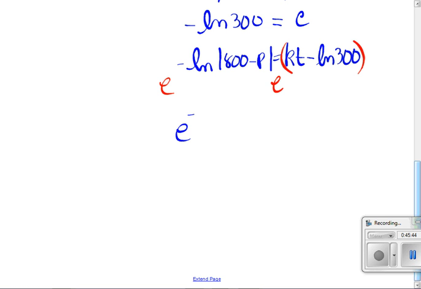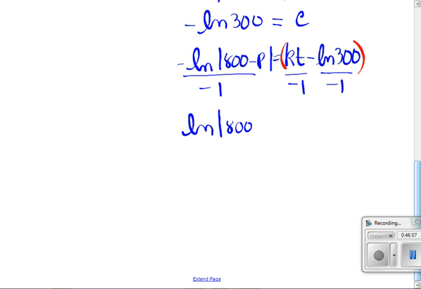It's e to the negative log of, or before we do that, maybe we should just get rid of the negative. That's easier. How do we get rid of the negative? Let's divide by negative 1. So I'm going to get the log of the absolute value of 800 minus p equals log of 300 minus kt.